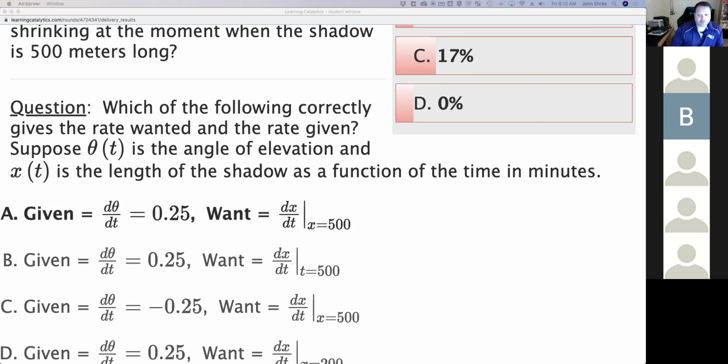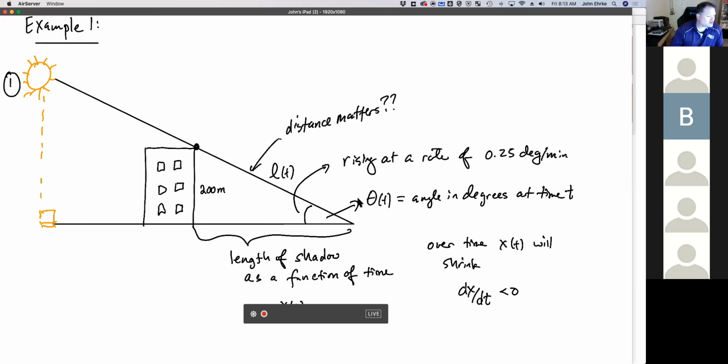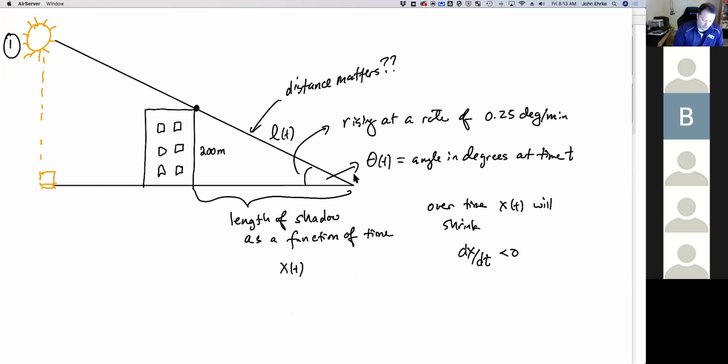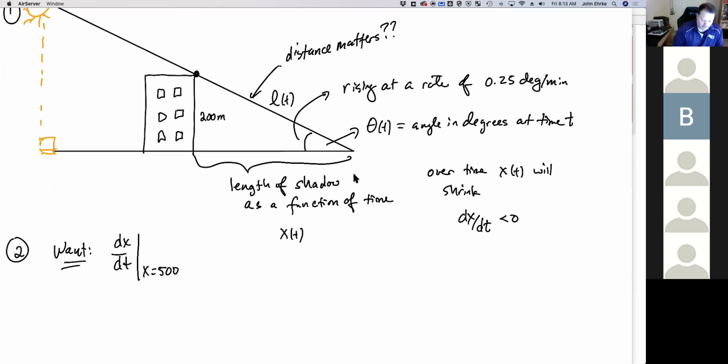So if you go back to the picture, you can clearly see that the rate you want is dx/dt when the length of the shadow is 500, and the rate you're given is dθ/dt, which is that angle.